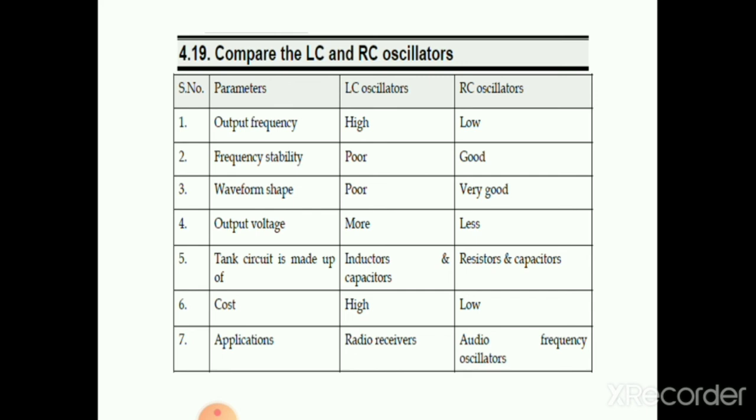Waveform shape: though the RC oscillator produces output in the low frequency range, it produces a very good waveform, and the resistance will not change for a high frequency. There will not be inter-element capacitances in the case of a resistor, so it will produce a very good waveform. In the case of LC, it is poor compared to RC oscillators.